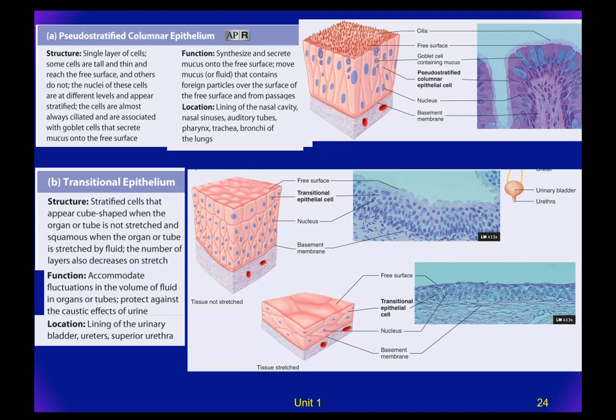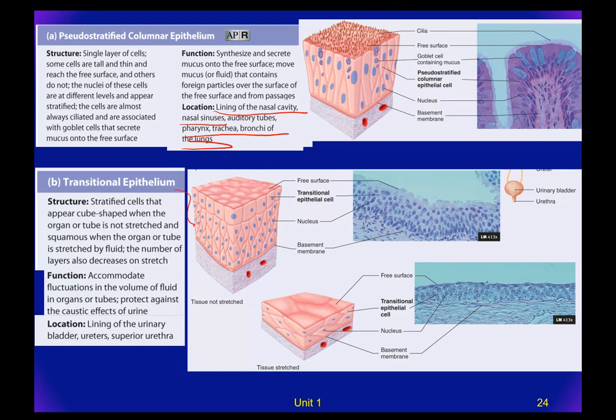I don't think that's a big surprise if we're talking about anything lining our respiratory tract, our pharynx, our trachea, our bronchi. Okay? So they make mucus and the cilia help protect us as well. Basically, it helps to pull things out of our respiratory tract. We talked about the crowd surfing.